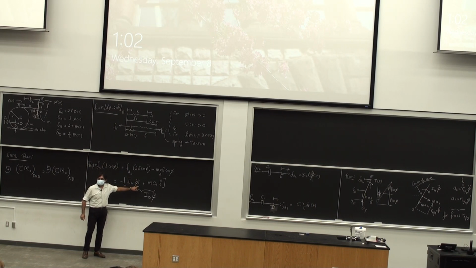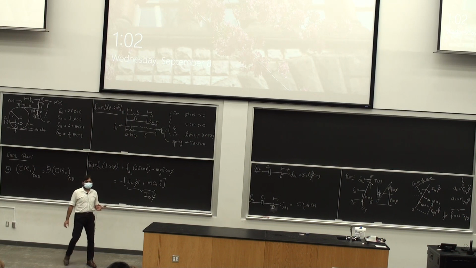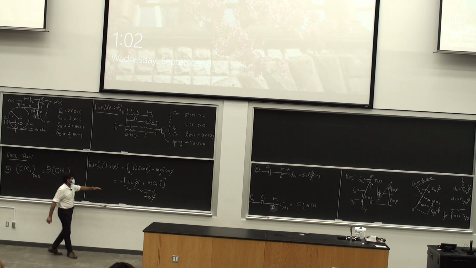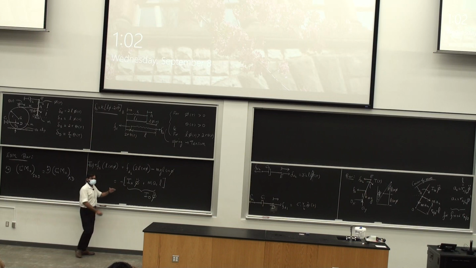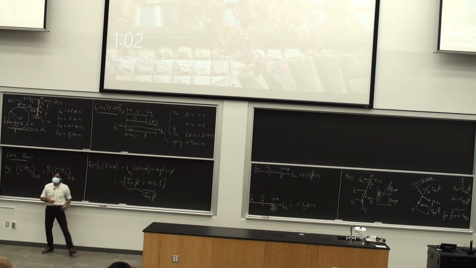It's up to you. They should not give you two different answers. Is this point clear to everybody? This is of course a negative sign here because of the fact that there is a negative sign there. Okay.